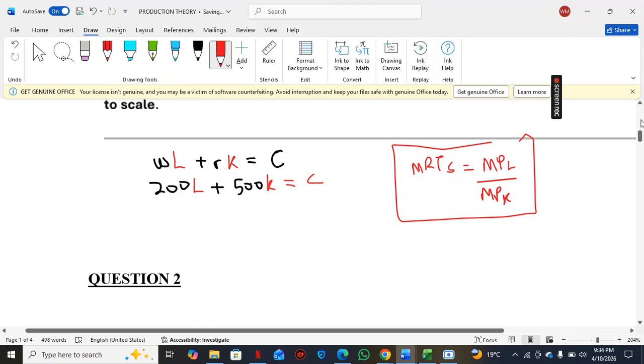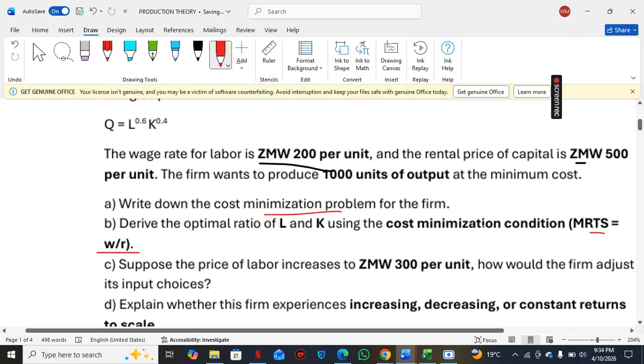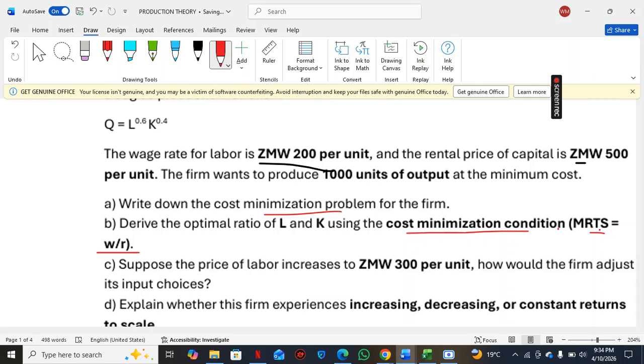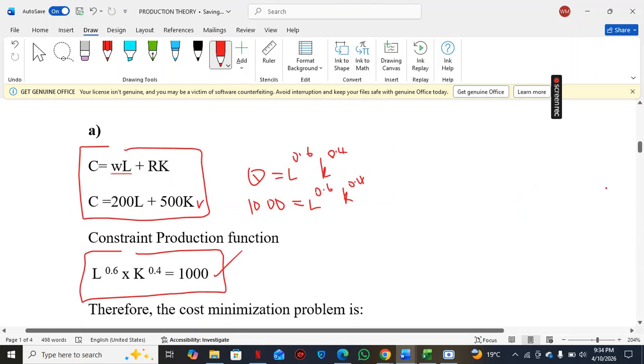Remember this cost minimization condition, where the trade-off rate between capital and labor is equal to the wages of the workers over the rate of capital. Always remember this: MRTS equals W over R.